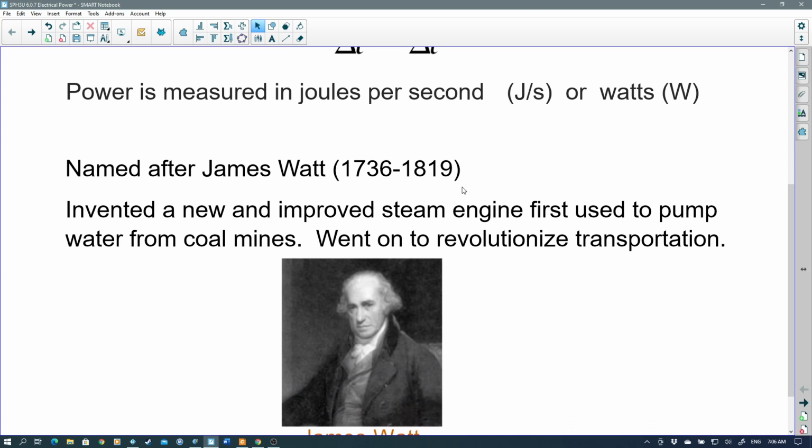This is his lifespan. James Watt was one of the people who revolutionized the steam engine. He improved it to a point where it could be used for pumping water out of coal mines, and eventually went on to revolutionize transportation with the steam engine on trains.